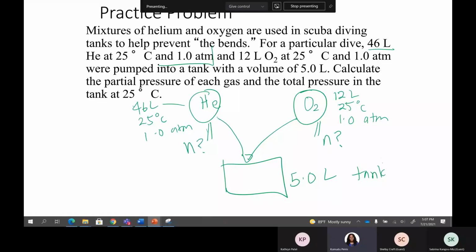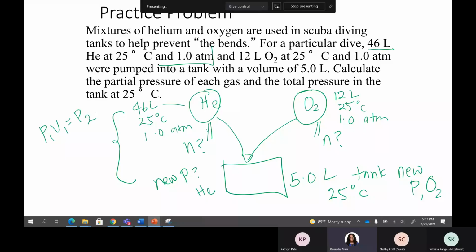What you should do is calculate the new pressure for helium and the new pressure for O2, with the temperature the same, 25 degrees Celsius, using P1V1 equals P2V2. You have to do that twice.